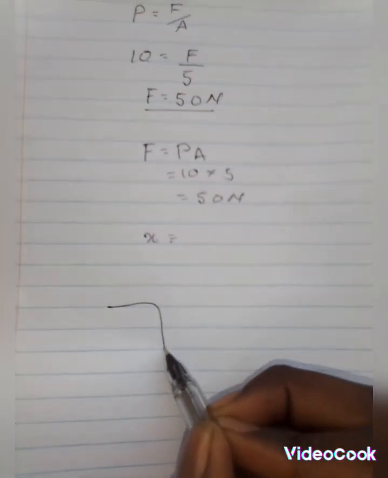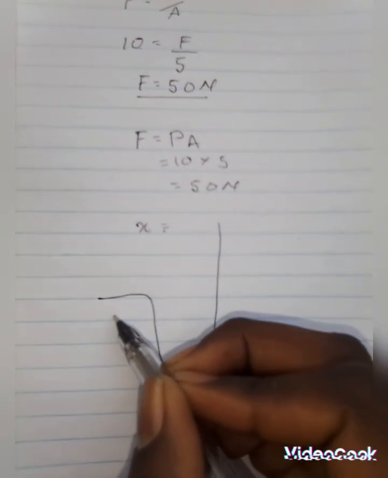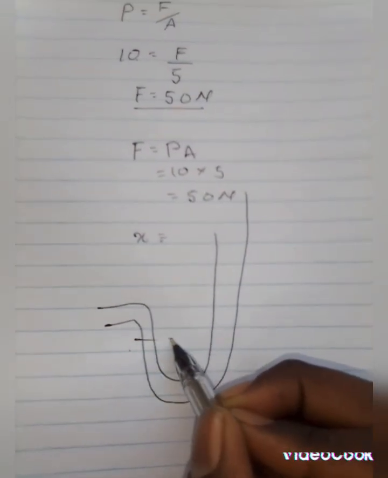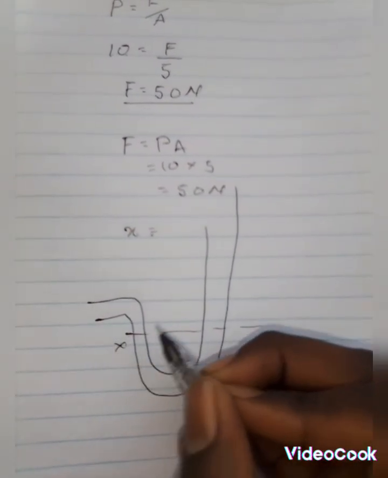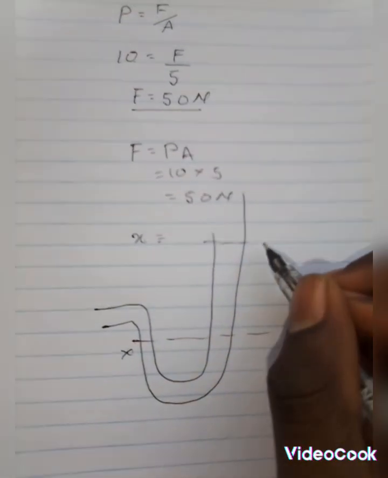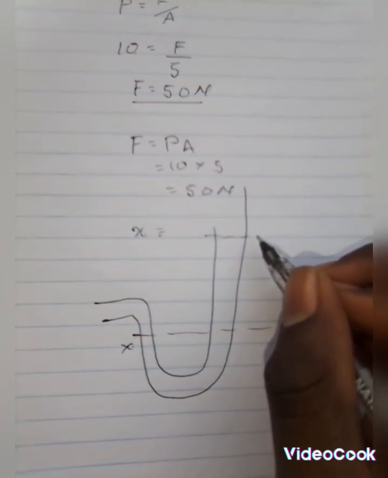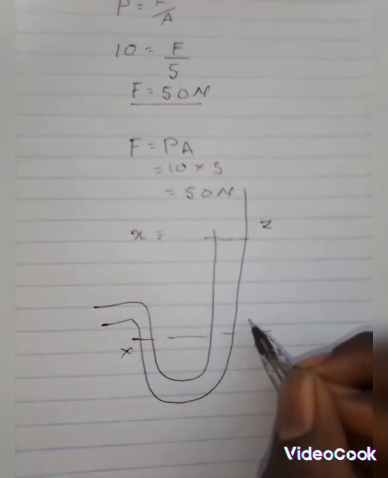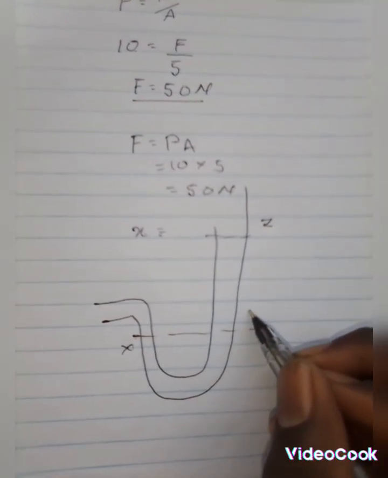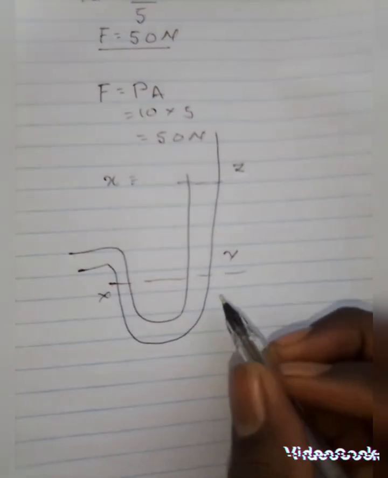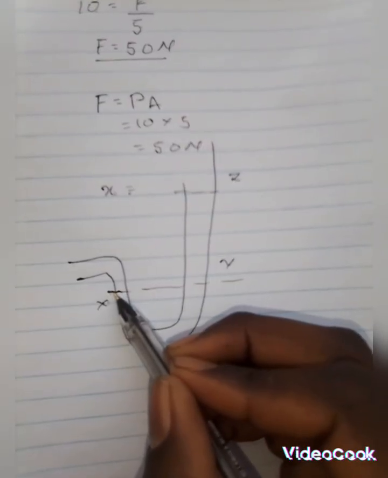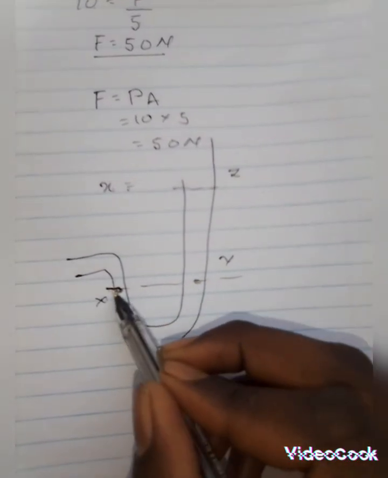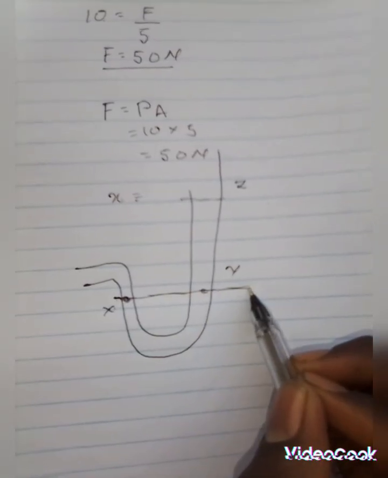So we know that we have a manometer, something like that, right? And then here we have x. I believe this point right here is supposed to be z, and then that point right there is supposed to be y. And we have already established the fact that the pressure at 2 points, which are at the exact same level, is equal.